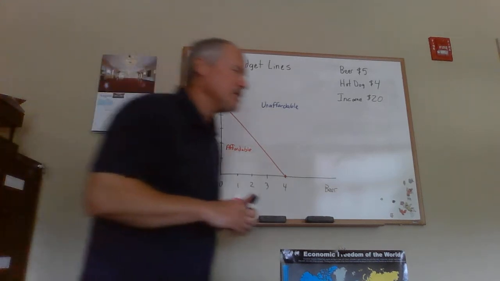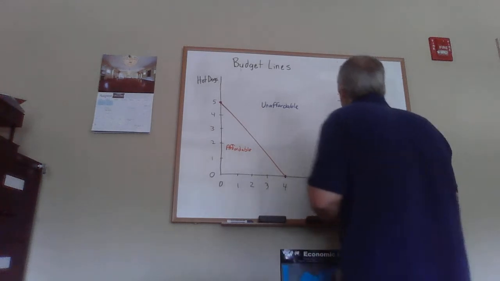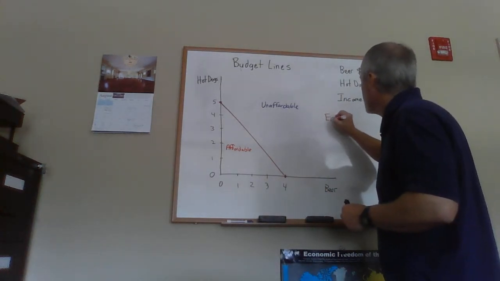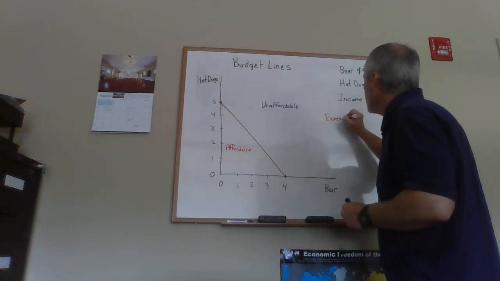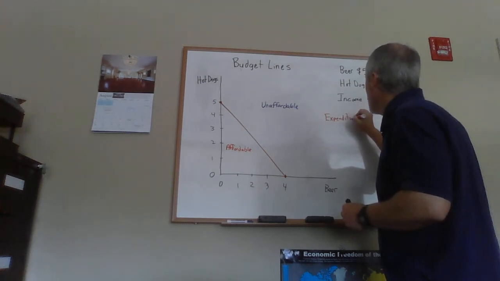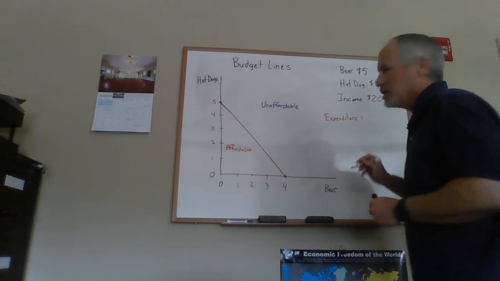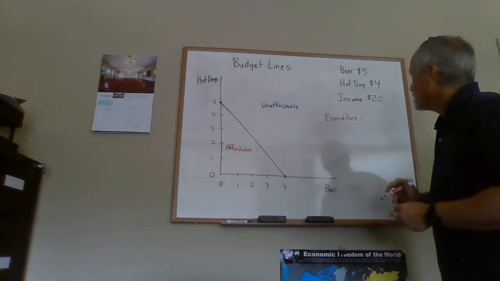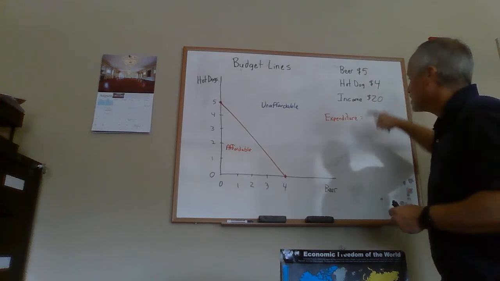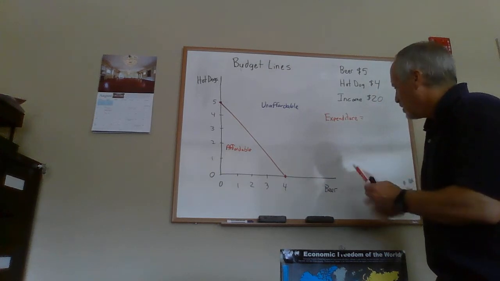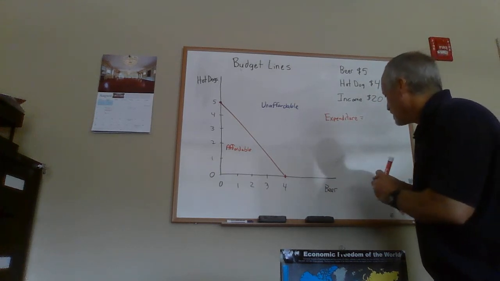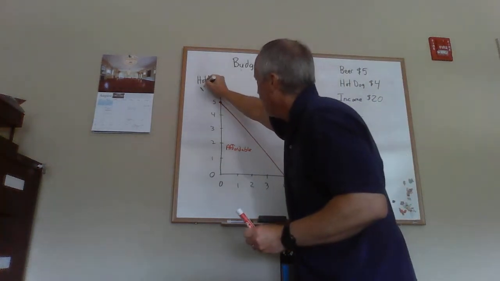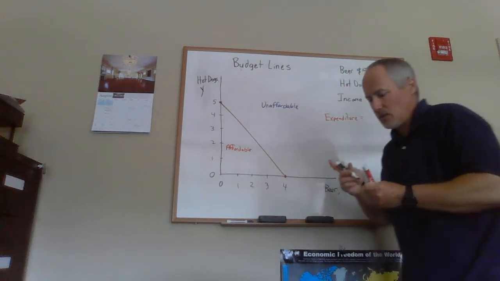Well, one way to write this out would be to say, suppose we wanted to figure out your expenditure. We could figure out how much it would cost you to purchase any bundle in this space by taking the prices, and then for convenience here, we'll let beer be good X since it's on the X-axis, and hot dogs be Y, since it's on the Y-axis.